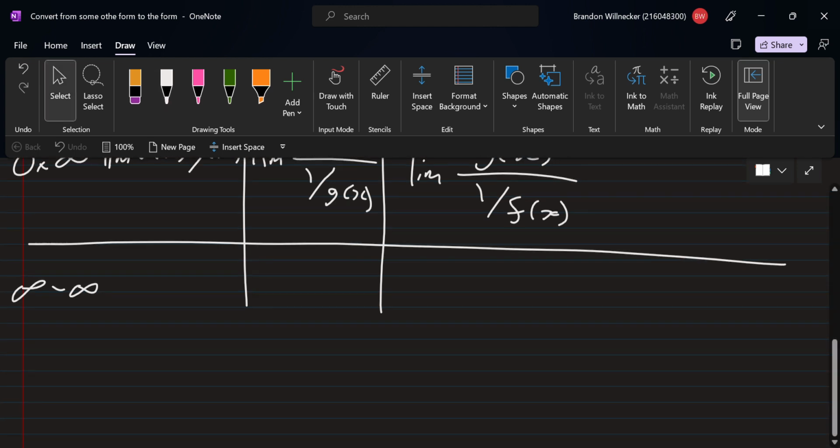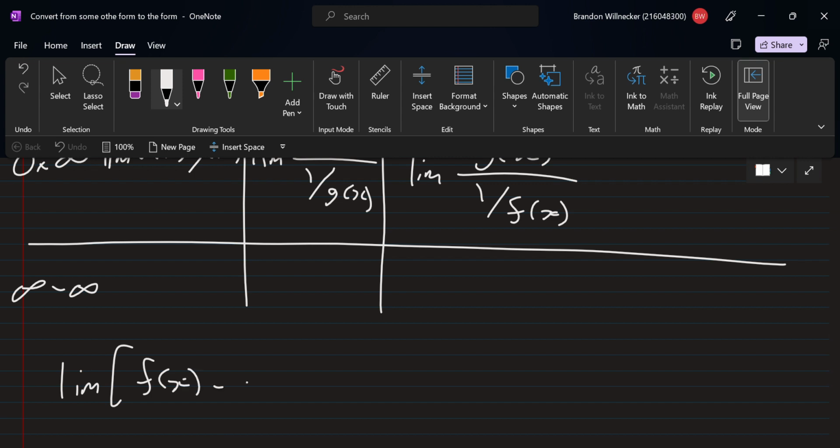Okay, so we've got the limit of f of x minus g of x. Let's call that L. We need to figure out what that is. Now this limit is written as a difference. We want it instead as a quotient.